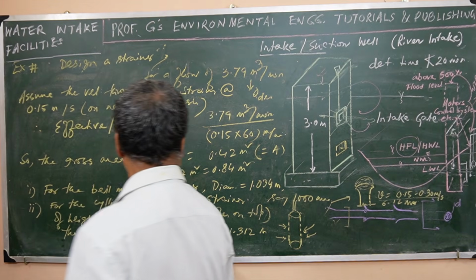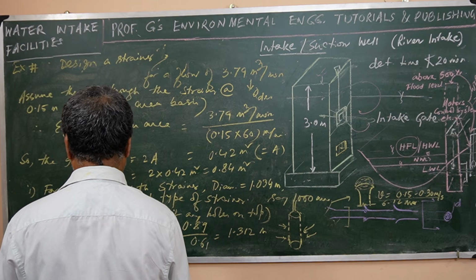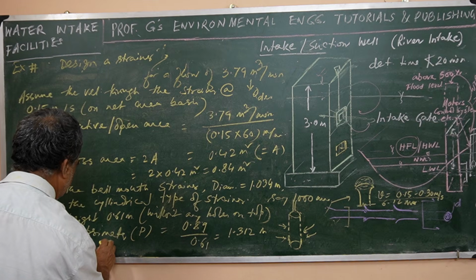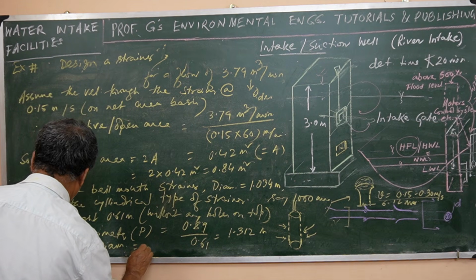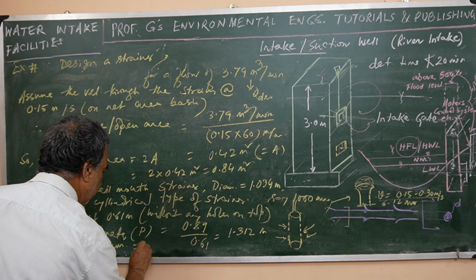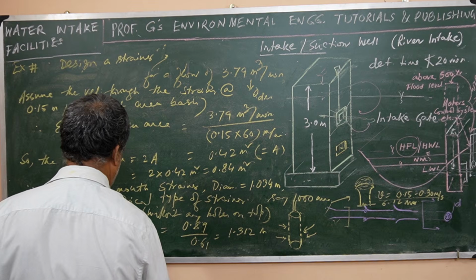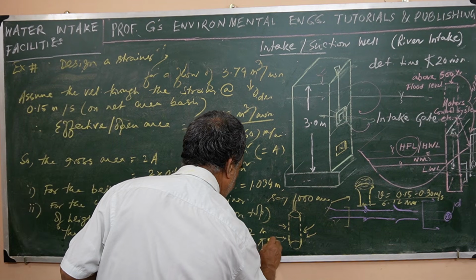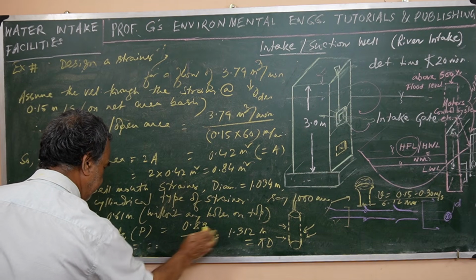So the perimeter we have got this way is this much meter or so, and the diameter, because ultimately you have to calculate the diameter. So pi d is equal to the perimeter, as you know. So your diameter will be this divided by pi, right?